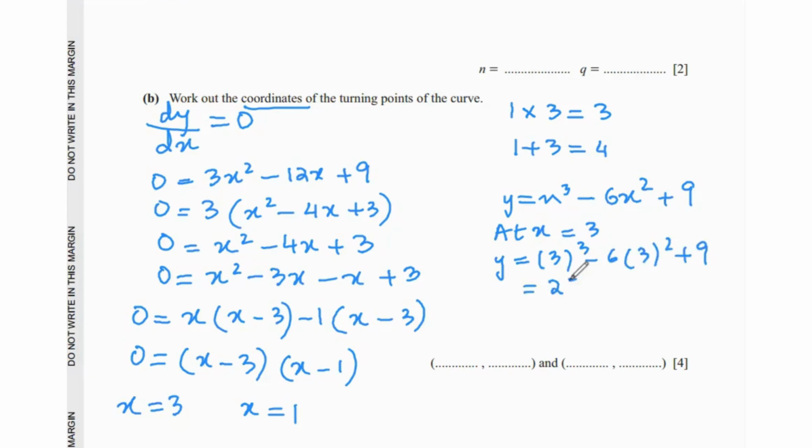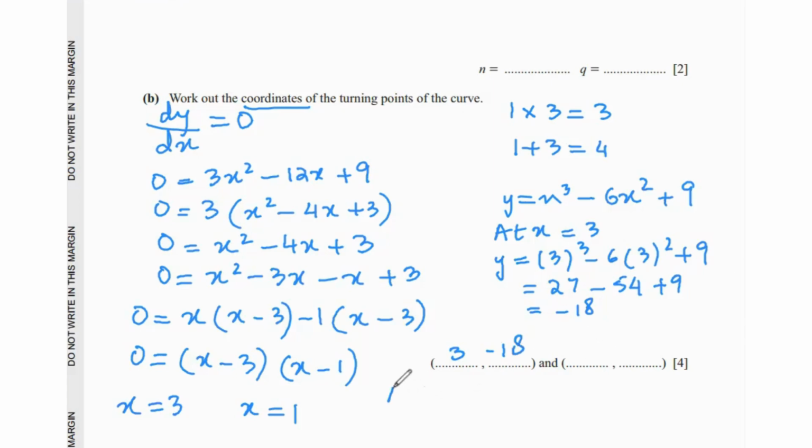That's going to be 27 minus 6 times 9, that's 54, and plus 9. 27 plus 9 is 36. 36 minus 54 is negative 18. So 3, negative 18 is one coordinate.